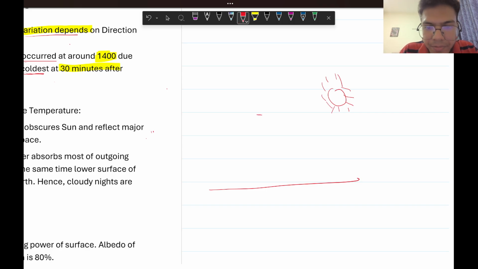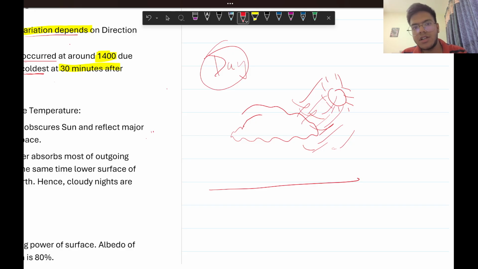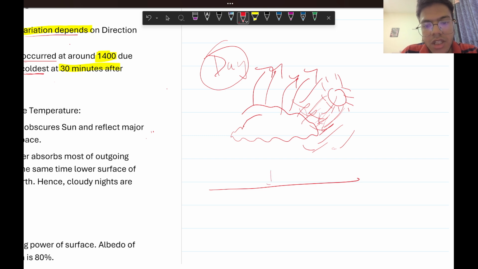Now suppose there are clouds, and we know radiations ऐसे आती हैं। ठीक है, so guys, what happens in the daytime, क्योंकि दिन में ही होता है सूरज, रात में तो होता नहीं है। ठीक है, during daytime जो रेडिएशंस अर्थ की तरफ आ रही हैं, they are being reflected back to the atmosphere or back to the space by this cloud. तो most of the radiations अर्थ तक आ ही नहीं पाती, और आती हुई तो बहुत कम। So these solar radiations are reflected back to space or back to atmosphere by this cover of cloud.